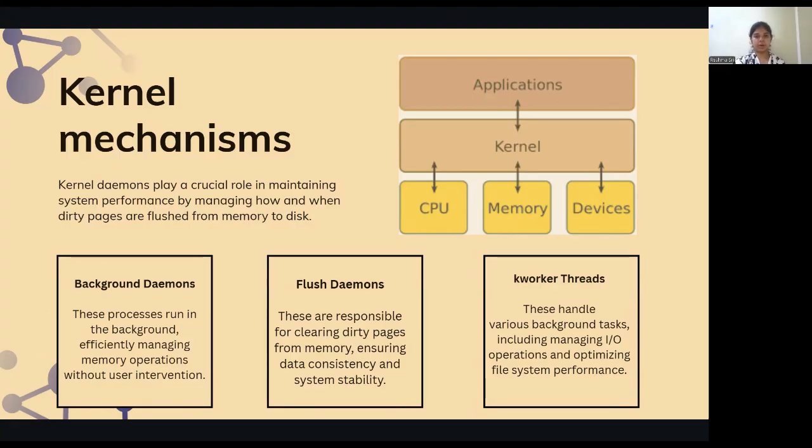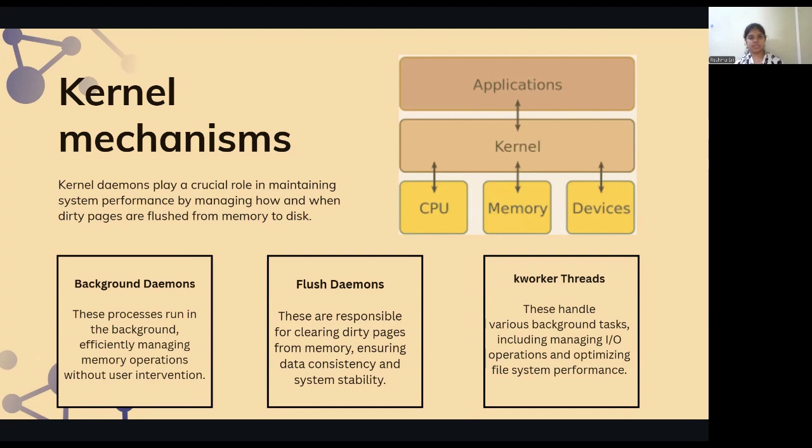So here are some important kernel components. First one is background daemons. These run silently and handle memory operations without needing the user's help. Flusher daemons take care of writing data pages from memory to disk and also ensure that your data is safe and system stability is maintained. And the last one is kworker threads.